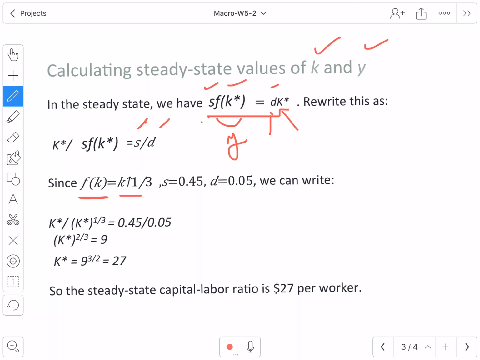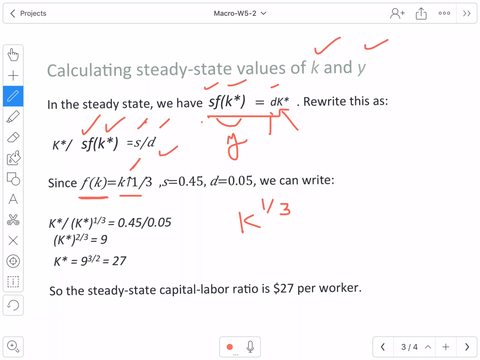This one is basically supposed to be k to the power third. You're given that f of k is basically k to the power third. You're given s is equal to 0.45. You're given d as being equal to 0.05.